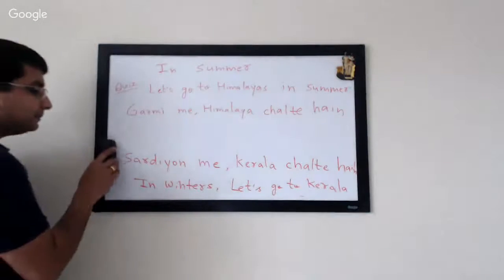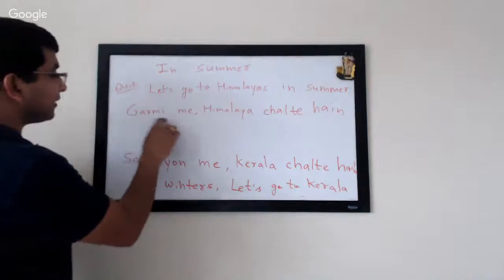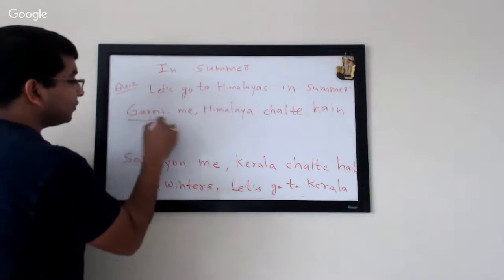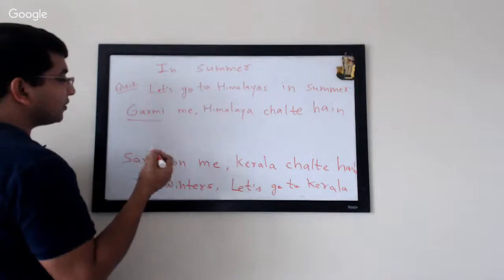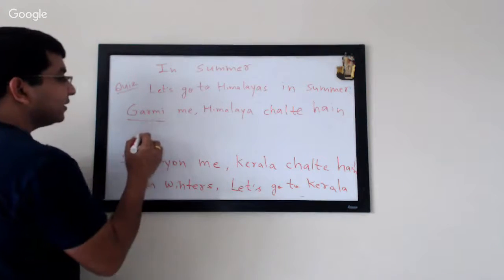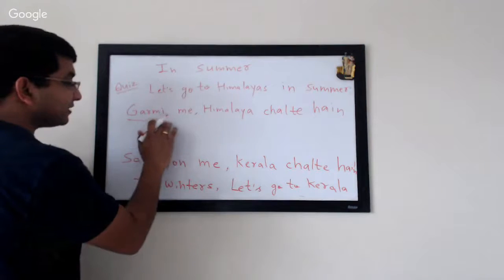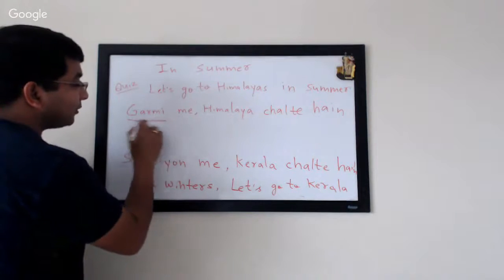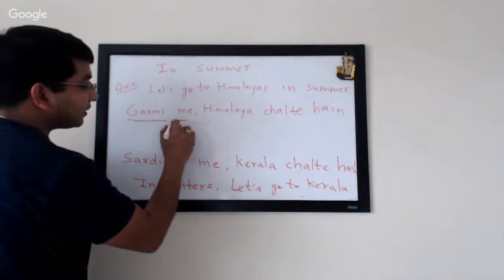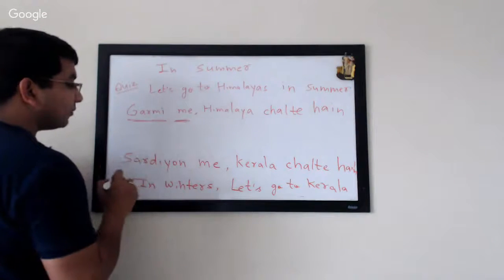Some people always refer to it as plural. Even though garmi is singular, when you're saying it casually you say "in summers". Sometimes people say that's incorrect, because when you use a plural with a postposition, it becomes an oblique case.